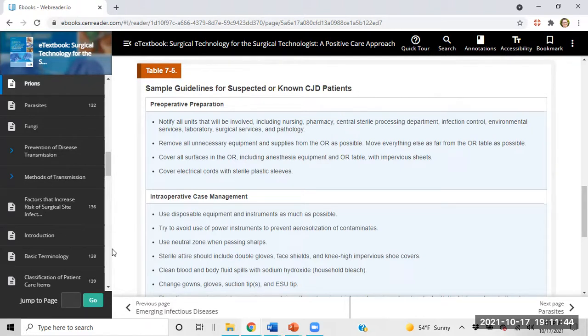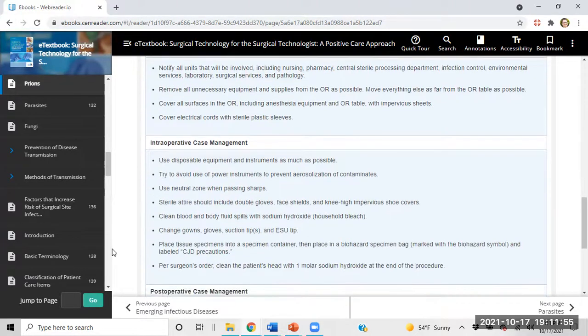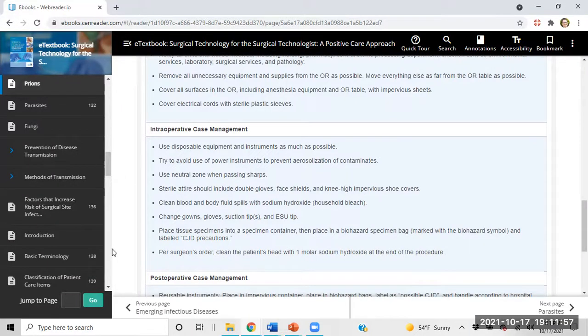Every piece of equipment is covered with impervious sheets, and electrical cords are covered in plastic sleeves. Everything's covered. During the case, all the equipment and instruments are going to be disposable if at all possible.